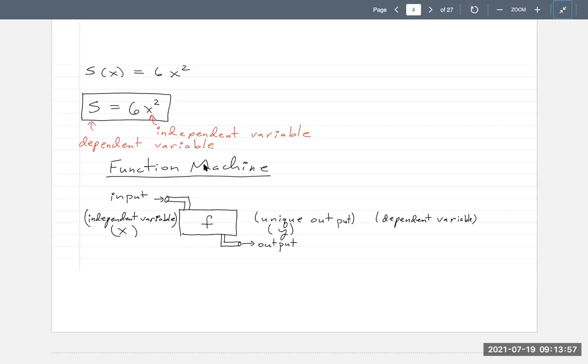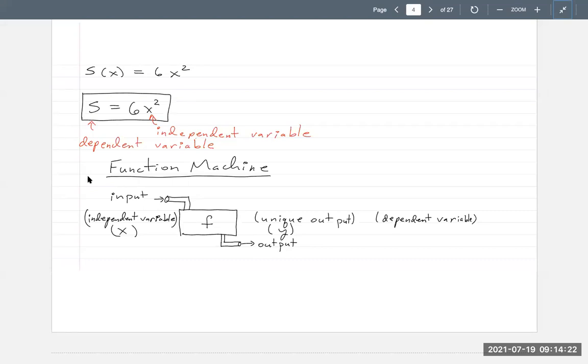You select some candy bar, let's say your favorite candy bar, and your vending machine then goes and grabs your candy bar and outputs your candy bar.